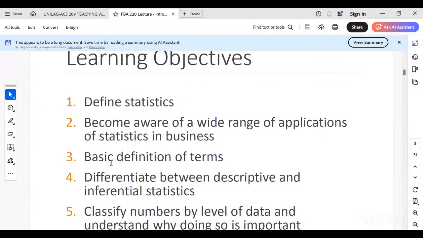We have also introduced some basic concepts, and today we'll continue from where we stopped. We'll define more concepts and also differentiate between descriptive and inferential statistics.